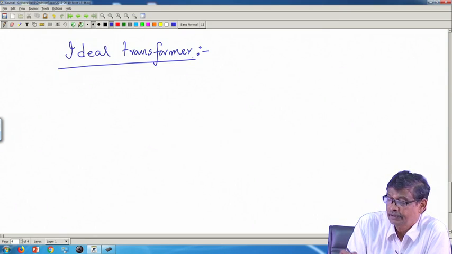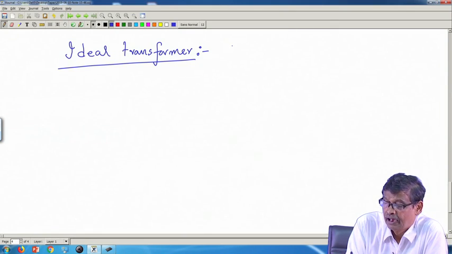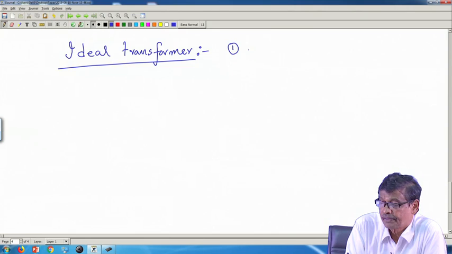So, ideal transformer, let us say that the first two conditions remain same.